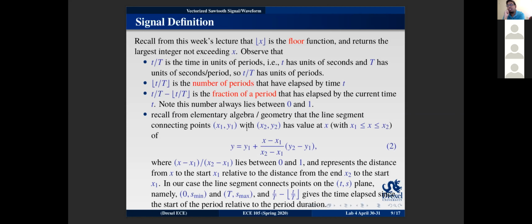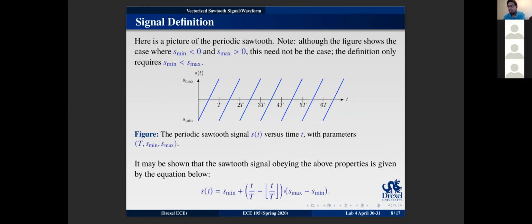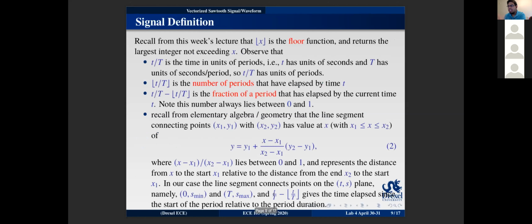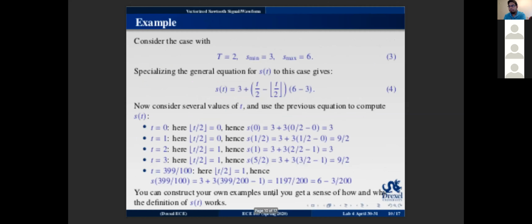If you wish to find the y value at some point between x1 and x2, let's call that point x, that is given by y is equal to y1 plus x minus x1 over x2 minus x1 times y2 minus y1. Looks familiar. Okay. And this is exactly what we're doing. This is your slope value, this is your intercept, and this is your base intercept, if you may. This is your starting value. And that's exactly how you generate a sawtooth waveform.